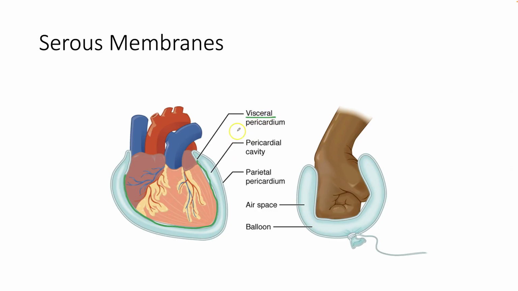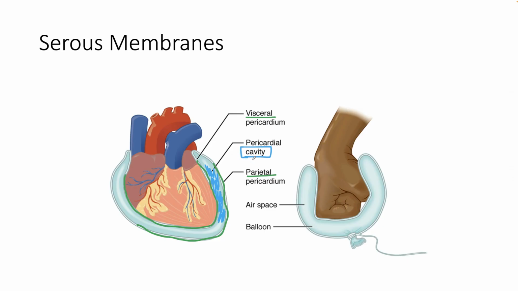Because we're talking about the heart, it's the visceral pericardium. The other layer, external to that, this outer layer, is the parietal layer. So it's the parietal pericardium. The space in between those two layers is a fluid-filled space. This is the pericardial cavity.